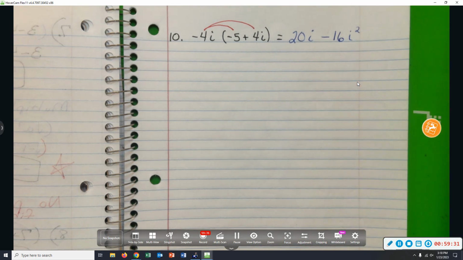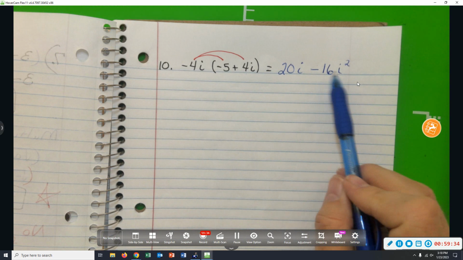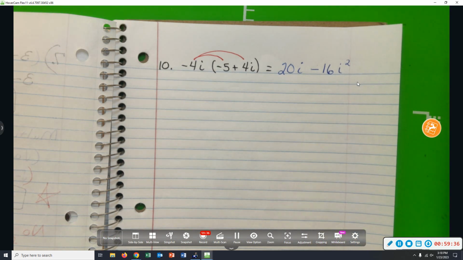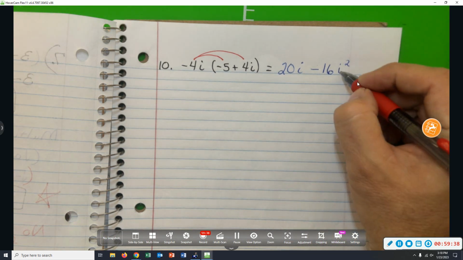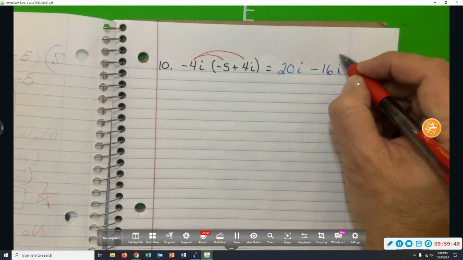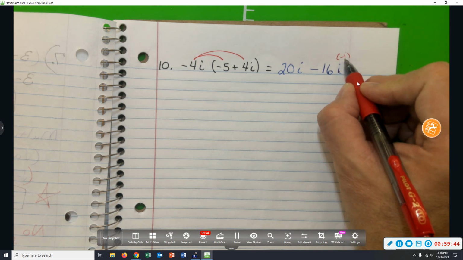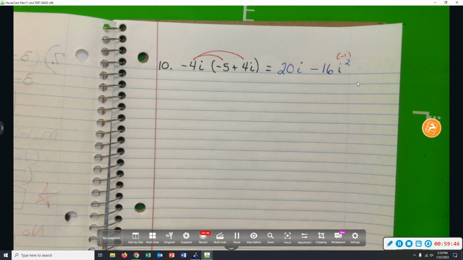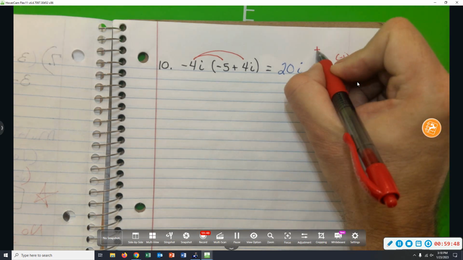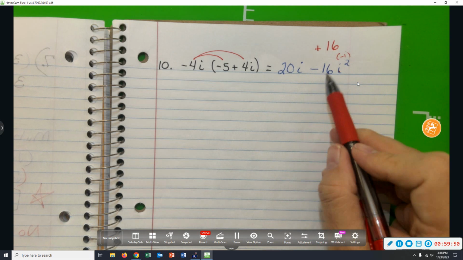I like this because I have all that space above the negative 16i squared. If I replace this i squared with negative 1, negative 16 times negative 1 is just going to be a positive 16.